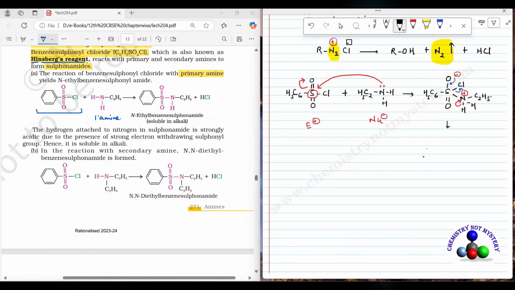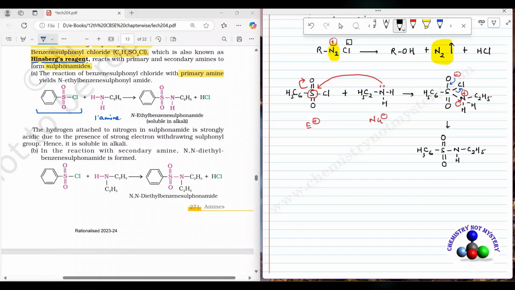So here you will get the product C6H5, here sulfur. Now a double bond is formed between oxygen and sulfur. Here there is double bond oxygen. Now this sulfur has made a bond with the nitrogen, which is bonded on one side with hydrogen and on the other side with C2H5.